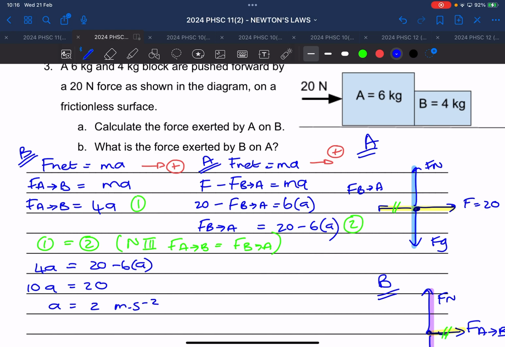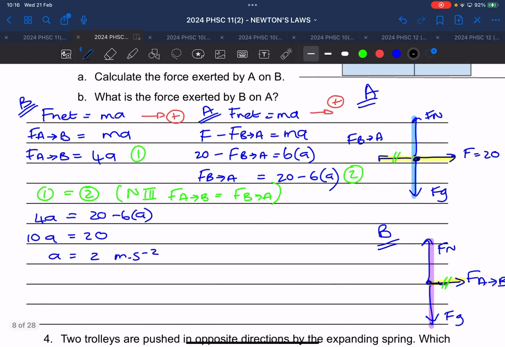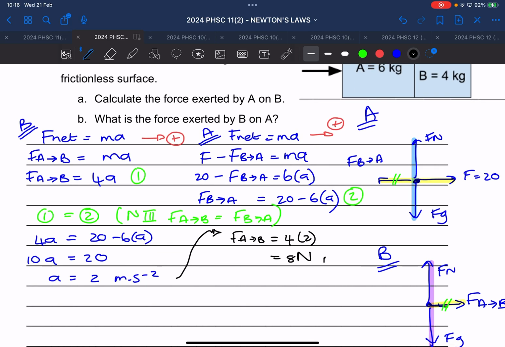The question is what is the force that A exerts on B. So now I'm going to take this equation and put the acceleration into that equation. I'm writing this next to one another because I don't have a lot of space. The force that A exerts on B is 4 times 2, which is 8 Newton. And that is to the right.